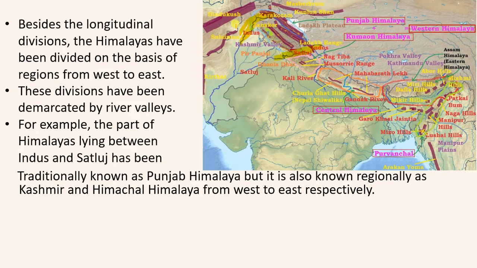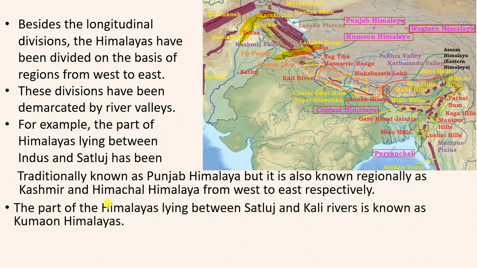So the Himalayan range between these two rivers is traditionally known as the Punjab Himalaya, but it is also known regionally as the Kashmir and Himachal Himalayas from west to east respectively, meaning Kashmir Himalaya, and in Himachal Pradesh, Himachal Himalaya.